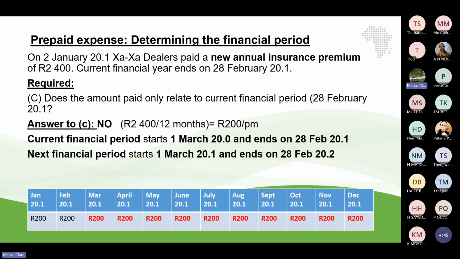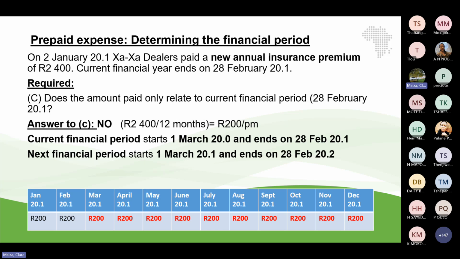So yes, this will not relate only for the current financial period, because when you divide this by 12, it gives you 200. And remember, if you are doing your timelines, your financial year starts on 1st of March and ends 28th of Feb.